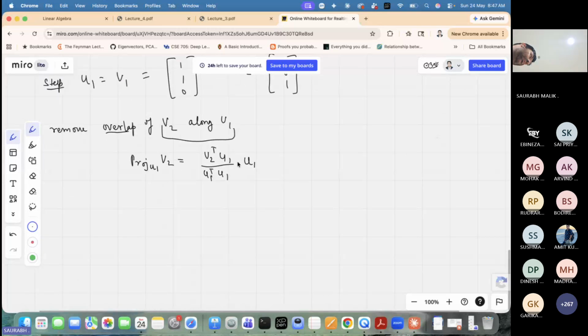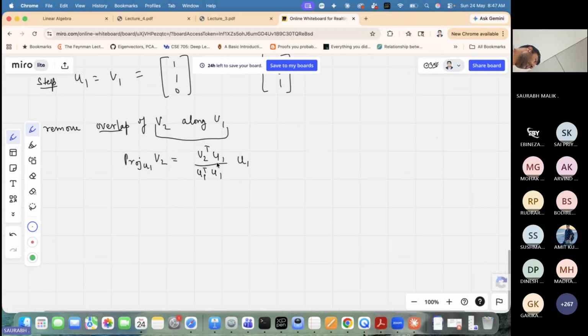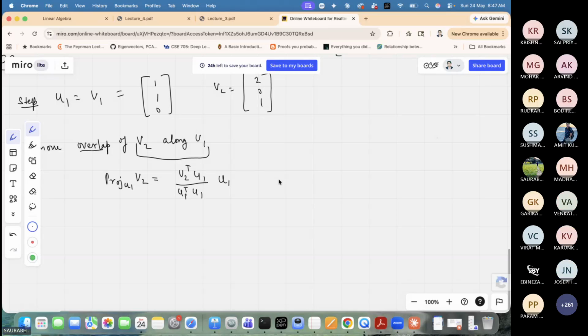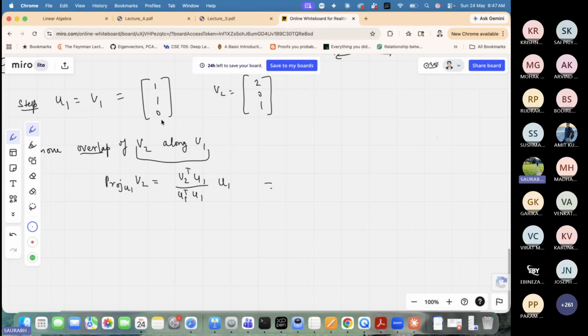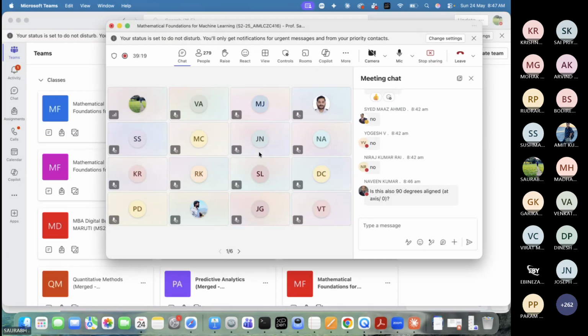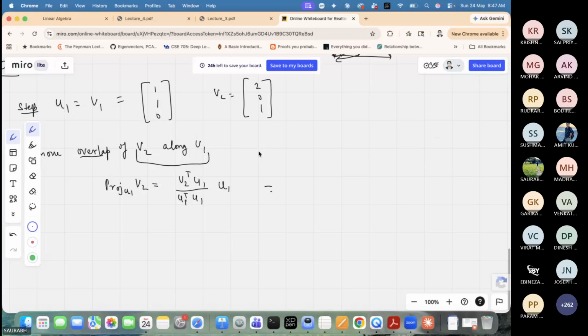So let's say V2 is 2, 0, 1 and U1 is 1, 1, 0. What would be the numerator part? The dot product between U1 and V2.